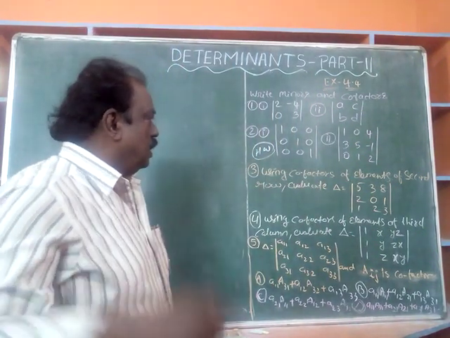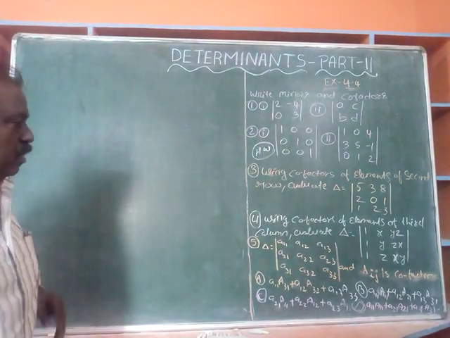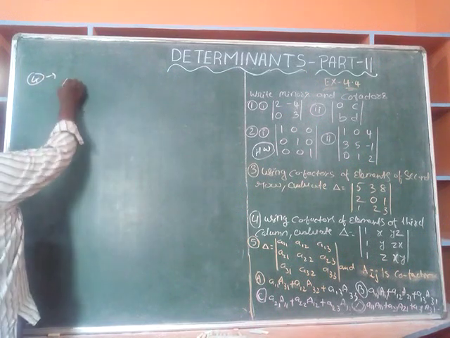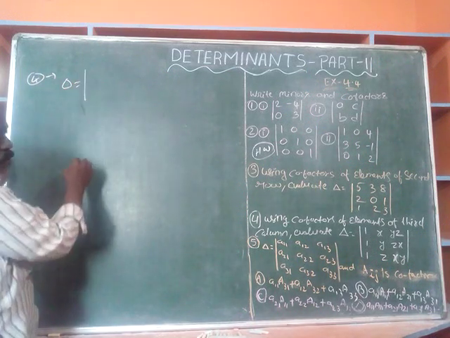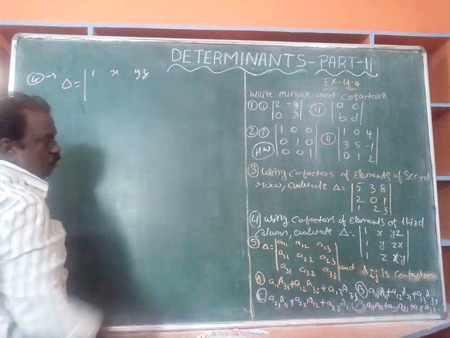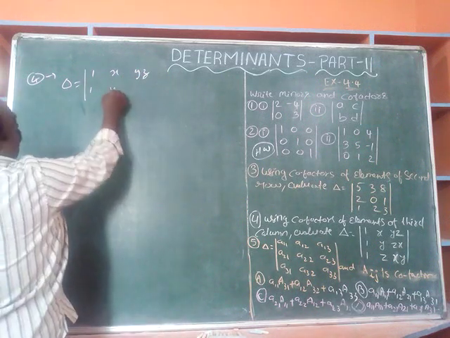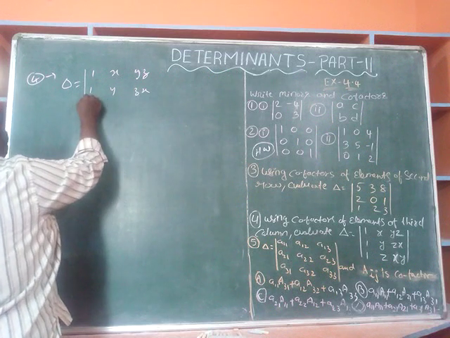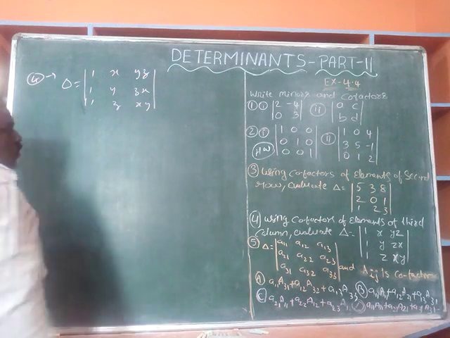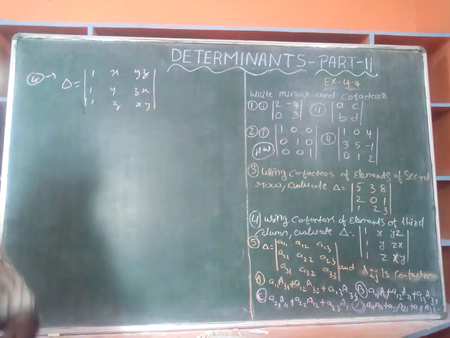That is our fourth one. Same thing here also. We are given delta equal to the determinant with rows 1 x y z, 1 y z x, 1 z x y. We are asked to find the cofactors of the elements of the third column.